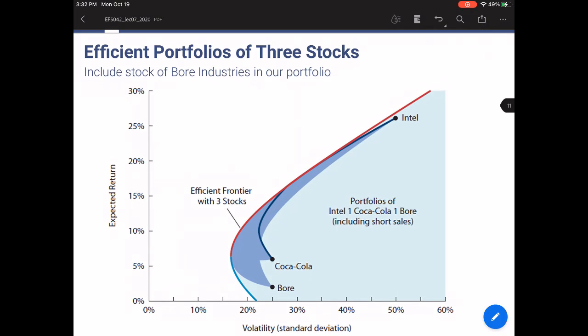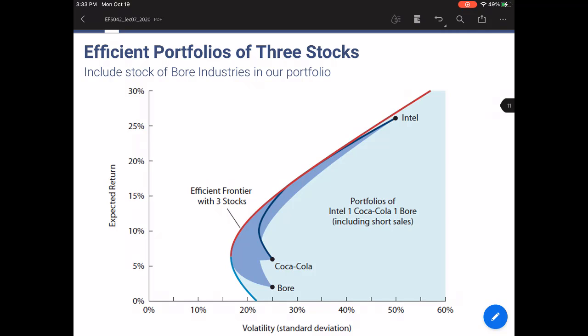So what I just described to you, the set of possible risk-return portfolio combinations is represented by this C. Okay, this C, and the C curve will shift towards the y-axis once you include more and more assets into your portfolio. And in fact, what this is saying is that any other combinations with fewer assets is going to be less efficient. And you can see this clearly in this graph.